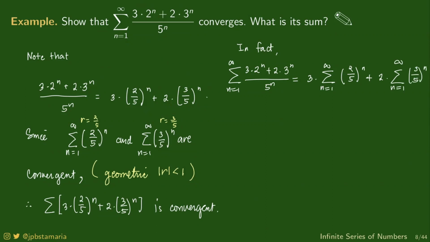Like so. Going back here. Ano ba yung sum ng infinite geometric series na to? Geometric yan eh. Anong first term yung series na ito? What's the first term? Yung formula A over 1 minus R. Okay? A is the first term, R is the common ratio. So what's the first term of this series?